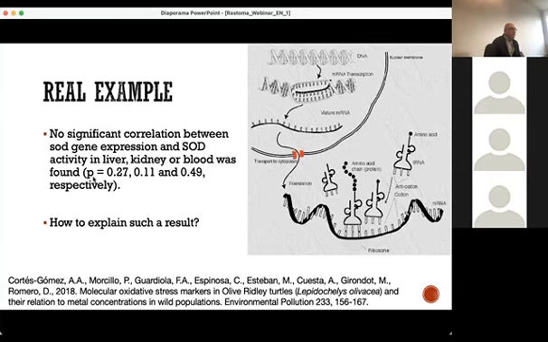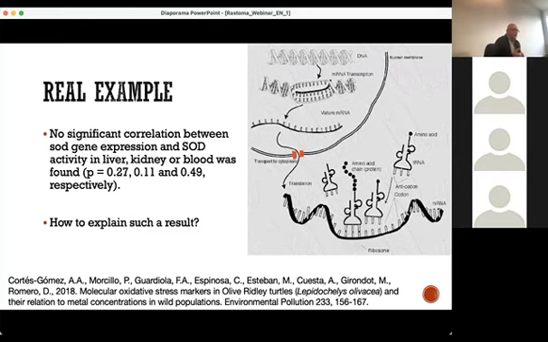You see here, we see p-values of 0.2, 0.1, 0.5, let's say. So she does not find a relationship between quantity of RNA and quantity of protein. This is strange. Normally, we should see a relationship.